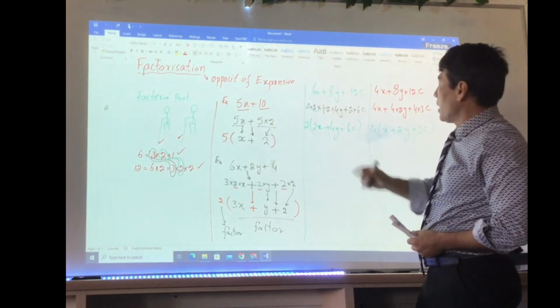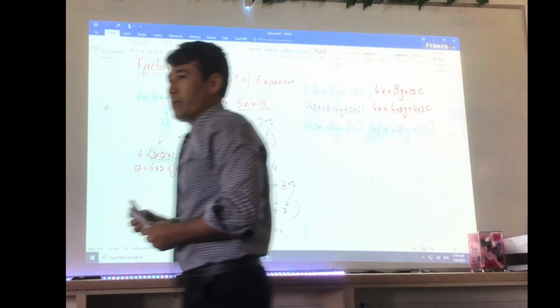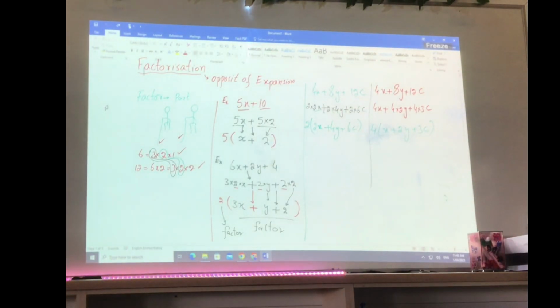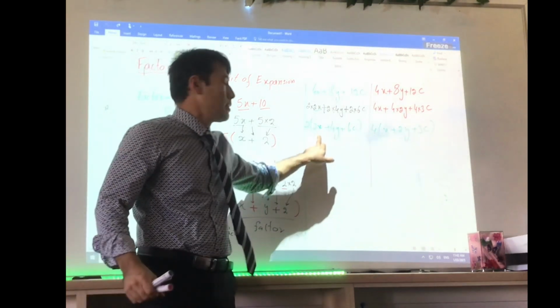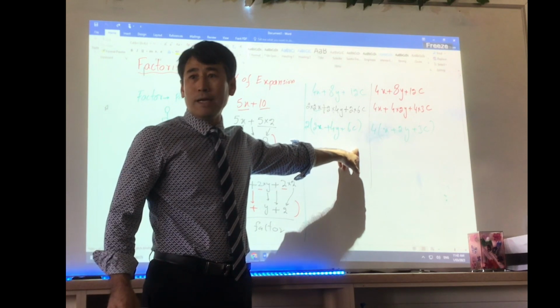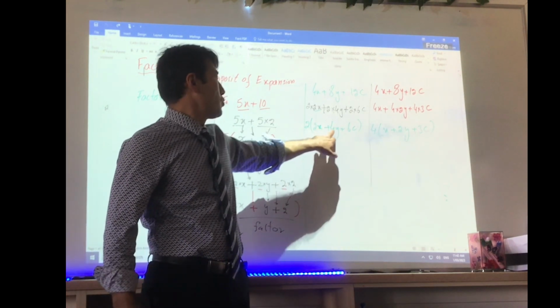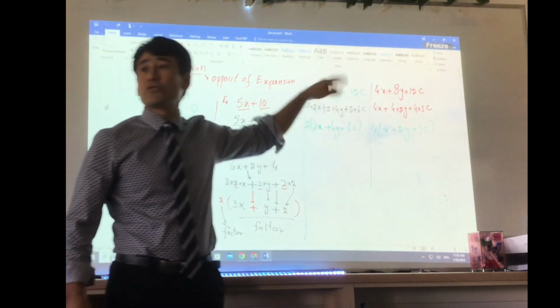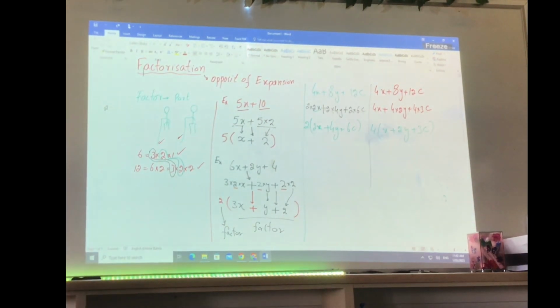Okay? Now guys, in this question, when you take 2 common, you have to go again, because there is something common in all of them. Still we have a common factor. What is that number which is still common? 2, right? It's not fully simplified. 2 goes into 4, 2 goes into 6, still there is 2.